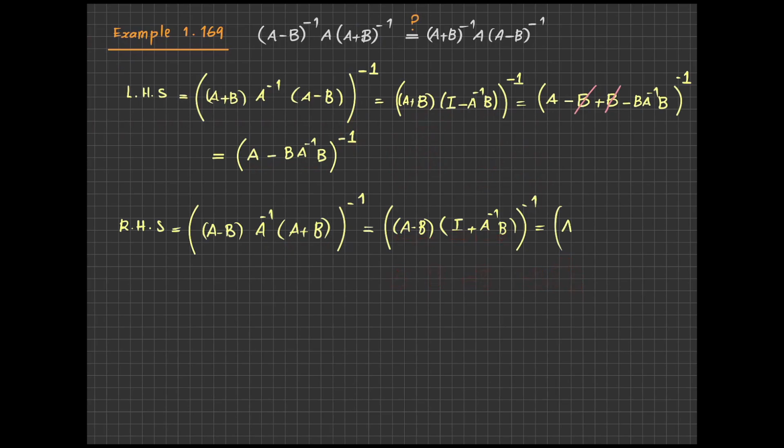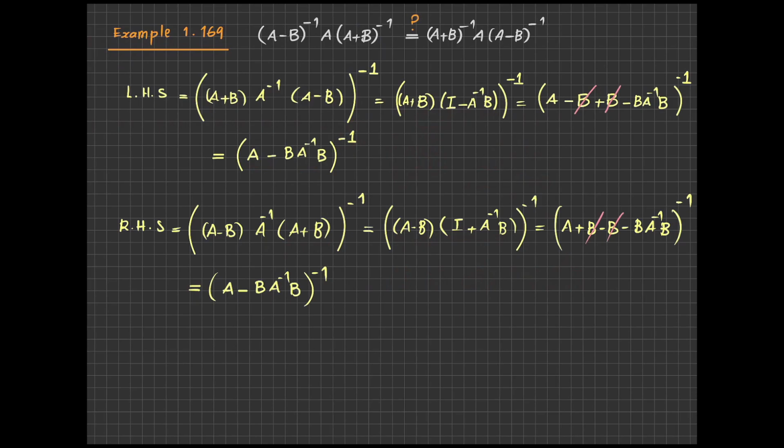So this is just a plus b minus b, and then minus b a inverse b, and then I have a minus 1 on top here. And then you see that again, this minus b and b are cancelled. So what I get at the end is (a minus b a inverse b) inverse.